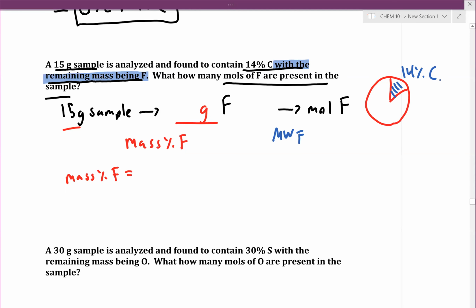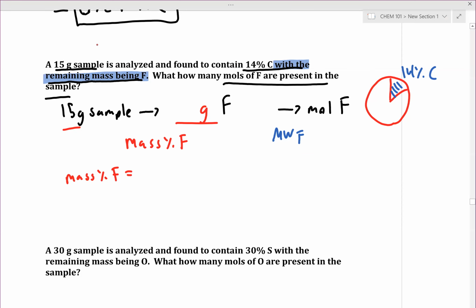If the remaining mass is fluorine, what's the percentage of fluorine going to be? Roughly 86%. So the mass percentage of fluorine is equal to 100% minus the percentage of carbon, which is 100% minus 14%, which gives us 86%.